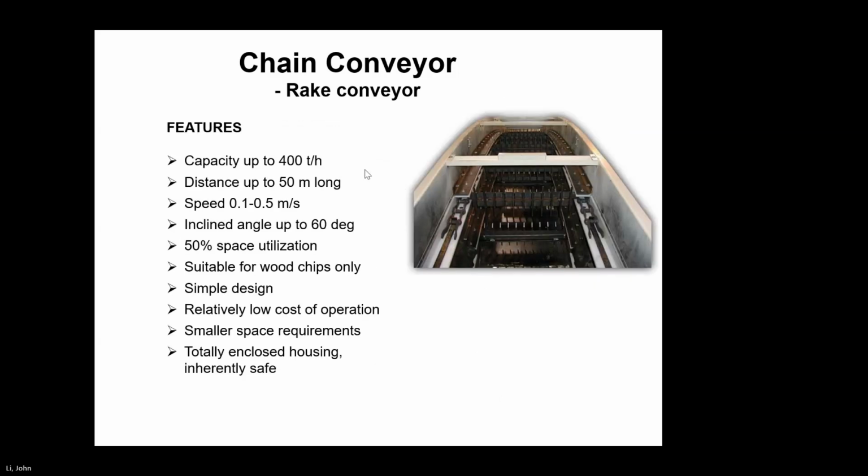Features. The capacity is also relatively small, up to 400 tons per hour. Distance is also small, up to 50 meters long. Speed is quite slow, 0.1 to 0.5 meters per second. Incline angle up to 60 degrees.